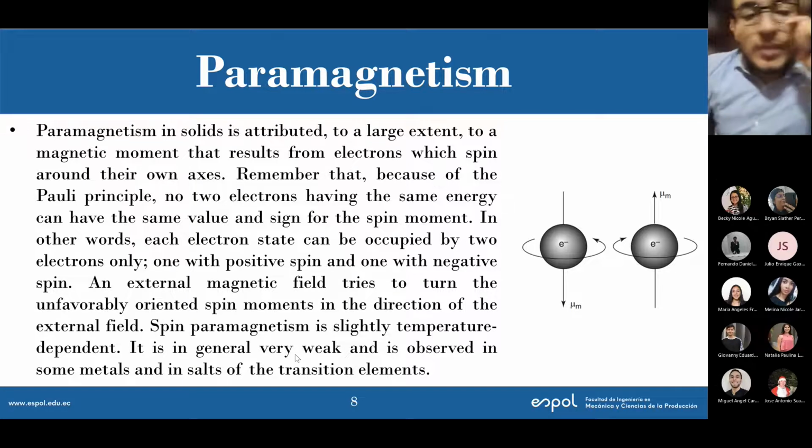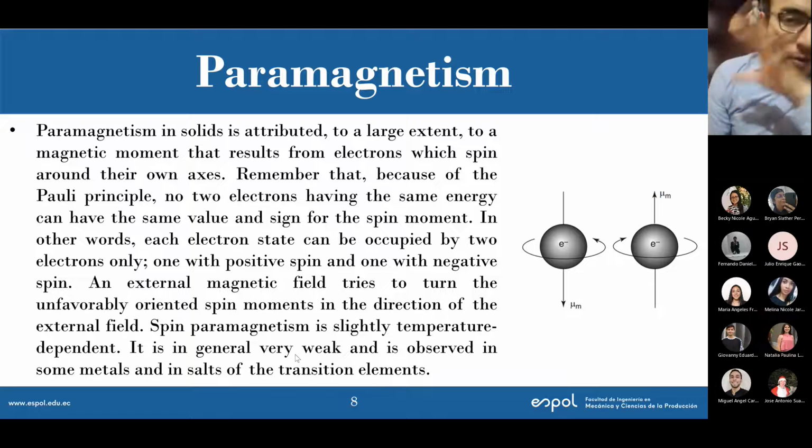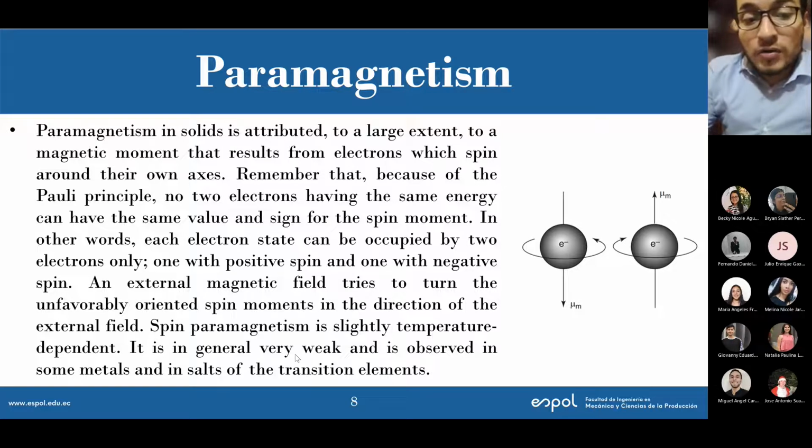Now, remember that because of the Pauli principle, and you know that from chemistry, no two electrons that have the same energy can have the same value and sign for the spin moment, right? Each electron state can only be occupied by two electrons, but one must have a positive spin and the other a negative spin.